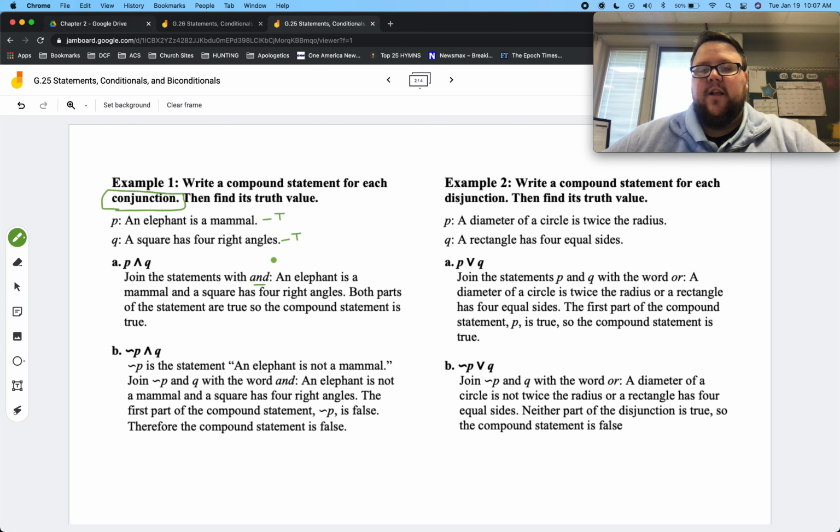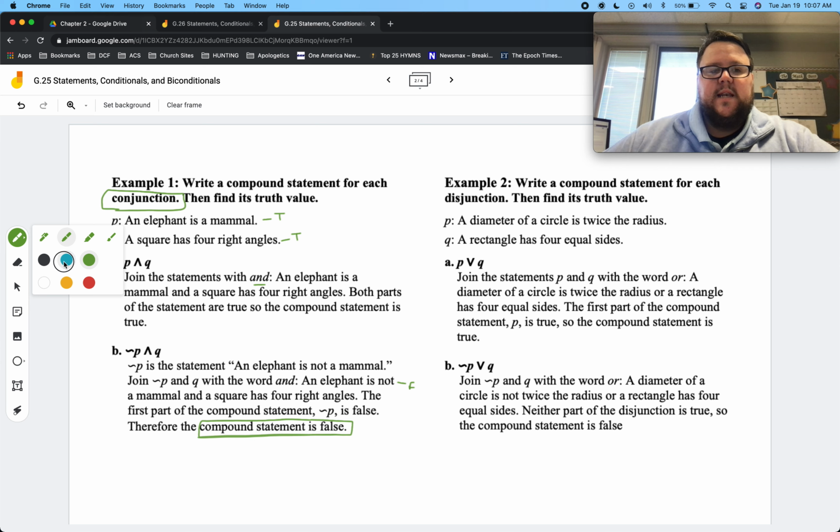An elephant is a mammal, so it would be false to say it's not a mammal. That would be false. The square has 4 right angles. That would be true, but the first part was false, so the compound is false.